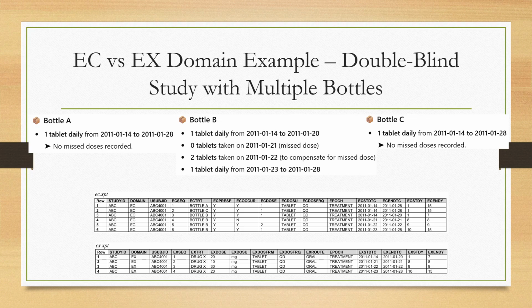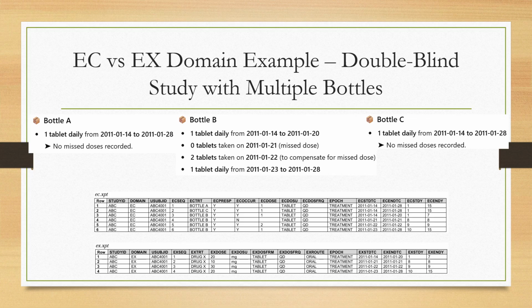In the protocol, we clearly mention that the subject will be randomized to 10 mg, 20 mg, 30 mg of the study drug, or to the placebo treatment. After unblinding, we note that the subject was randomized to 20 mg. That's why the unit here is mg, and depending on how many tablets the subject has taken from bottle A, B, C, we will get to know the dose.